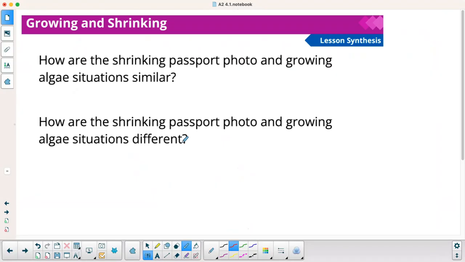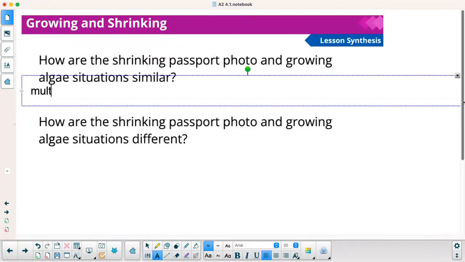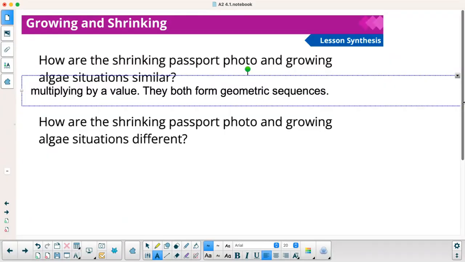All right, how are the shrinking passport photo and the growing algae situation similar? I would say we are multiplying by a value. They both form geometric sequences.